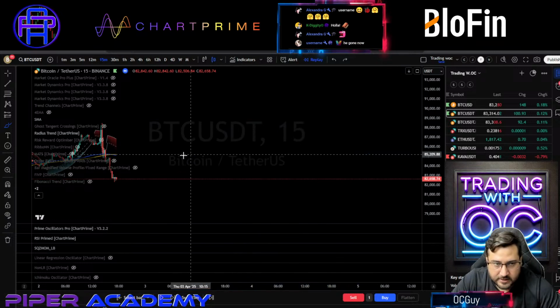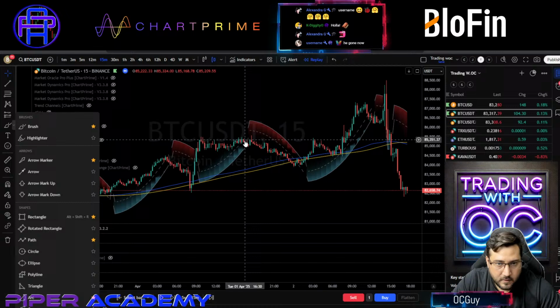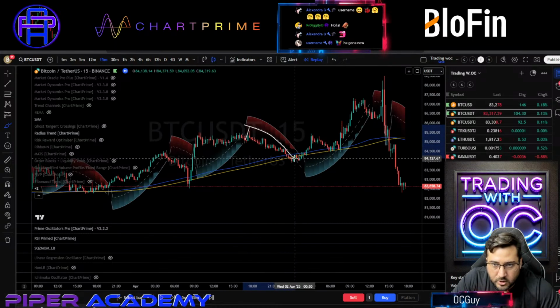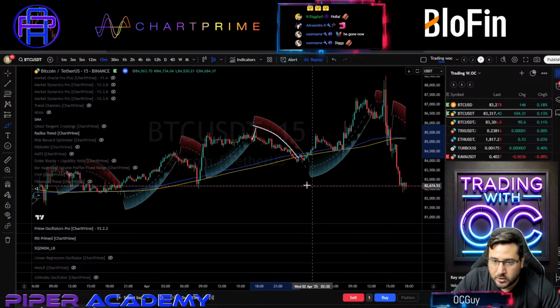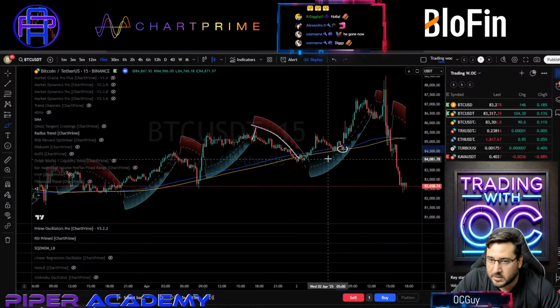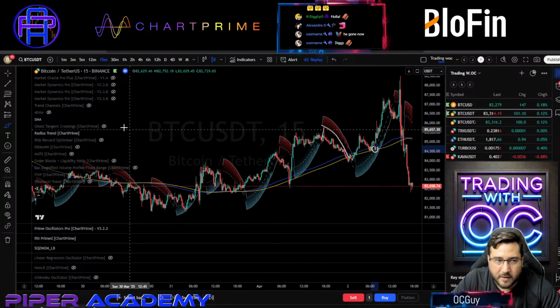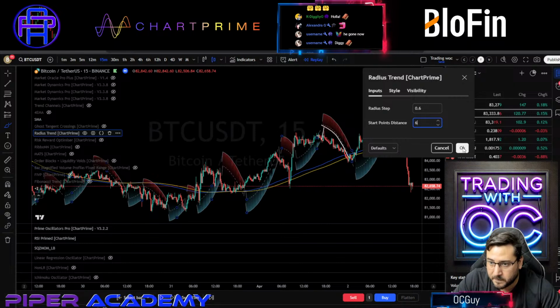A distance between one point and your entry point. So this is usually to start adding that volatility factor, all right? So for example, if you have too many breaks back and forth, back and forth, back and forth, what you do here is you start increasing your step points, all right? Let's go something like 6.